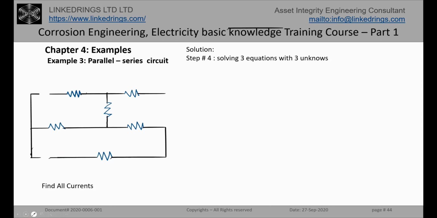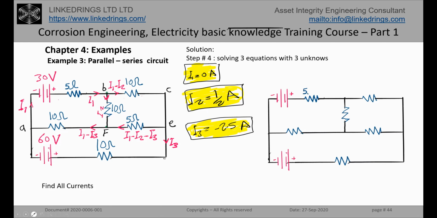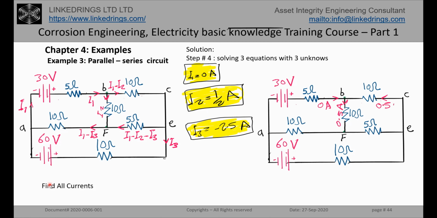Now, this is our circuit. This is the value of the current we found. Let's now substitute these values in this circuit. Okay, I1 is 0, so I can write here 0 amps. I2 is 0.5 amperes, so I can write here I2 0.5 ampere. Then I1 minus I2, so 0 minus 0.5, so 0.5, and the direction will be this direction.